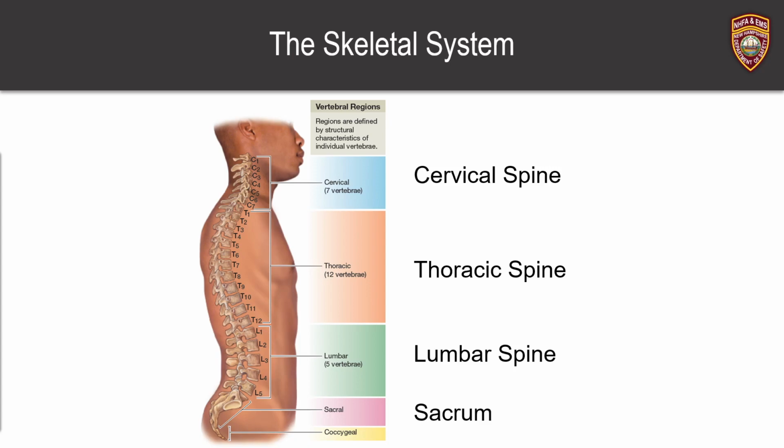And so we see a lot of different sorts of injuries happen, especially with high mechanisms of injury and high amounts of force involved, like car accidents and falls from height, where your neck sort of gets whipped around and bad things happen. So the spine consists of a series of separate bones called vertebrae.